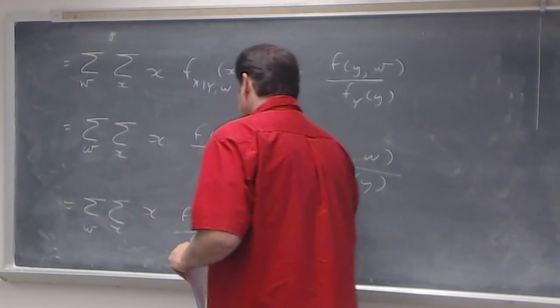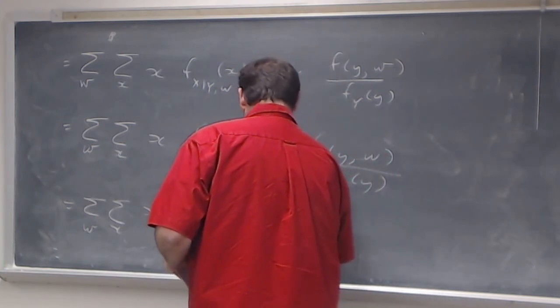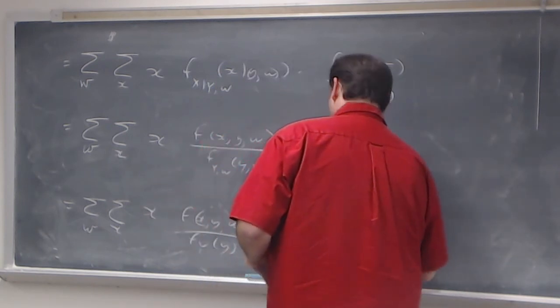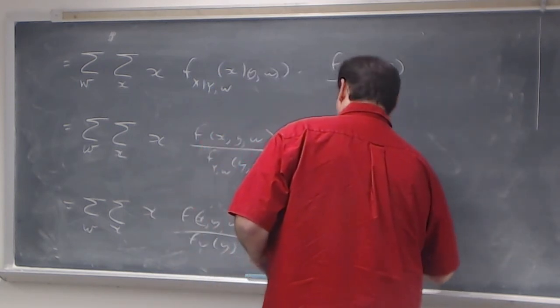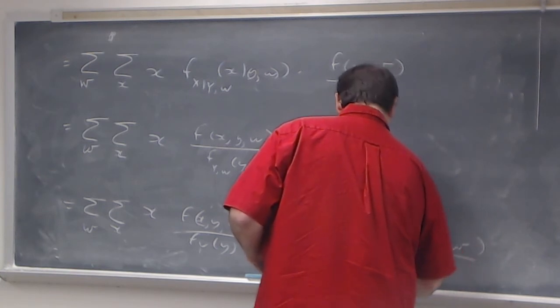And now, let us reorder the summations. Here, let's put x, then w, of x, f of x, y, w, over the PMF of y.